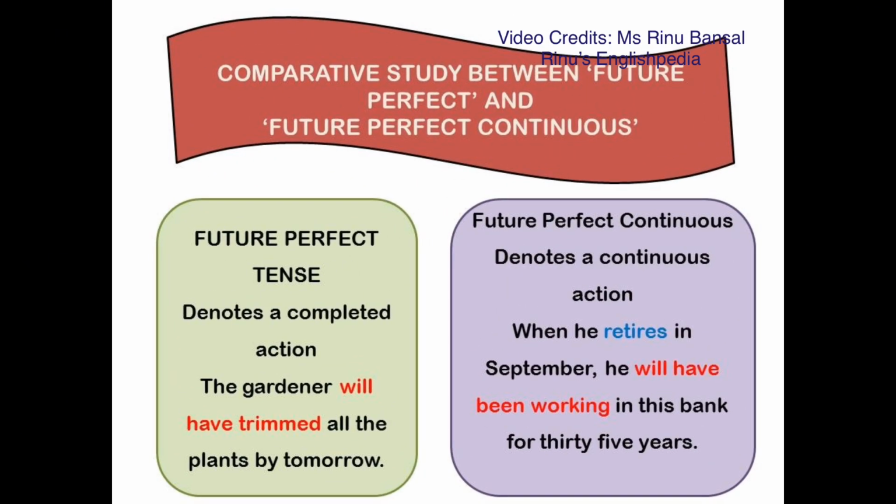Remember, the future perfect tense denotes a completed action. For example, the gardener will have trimmed all the plants by tomorrow. That is, the action will be complete by tomorrow. On the other hand, the future perfect continuous tense denotes a continuous action.